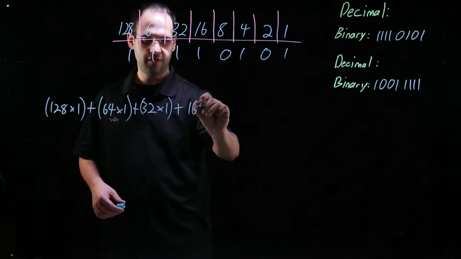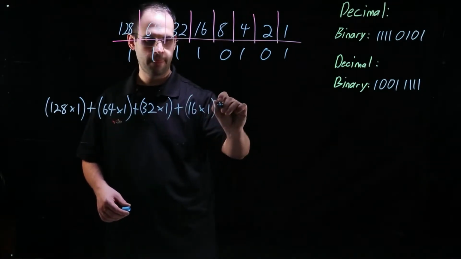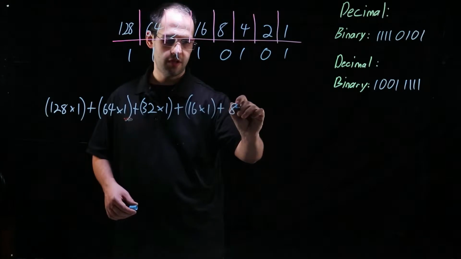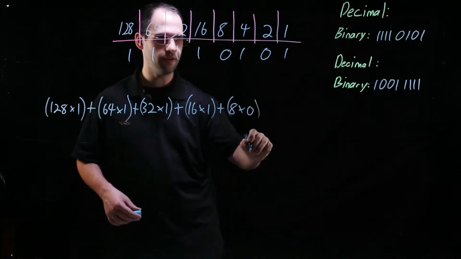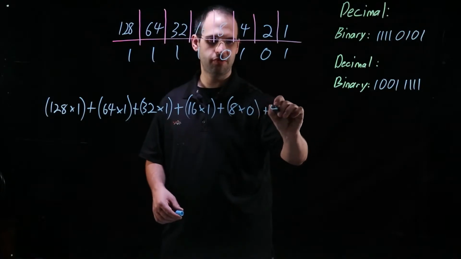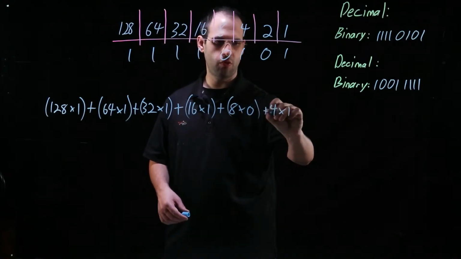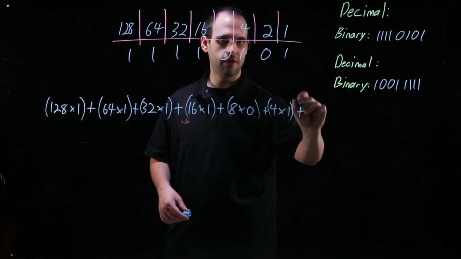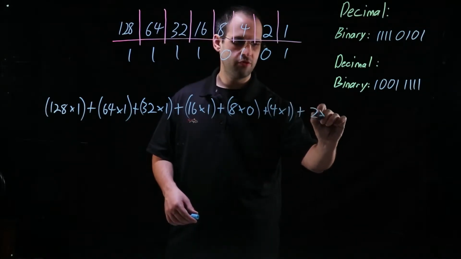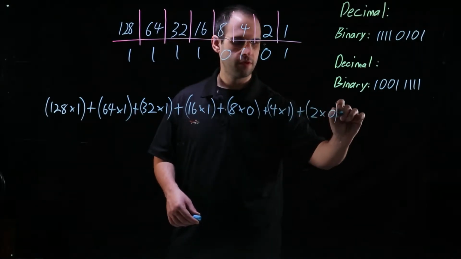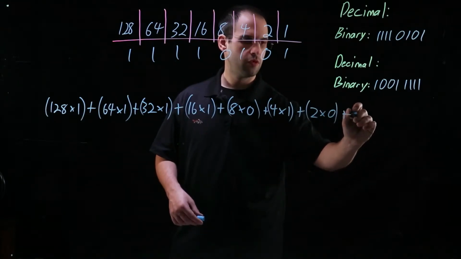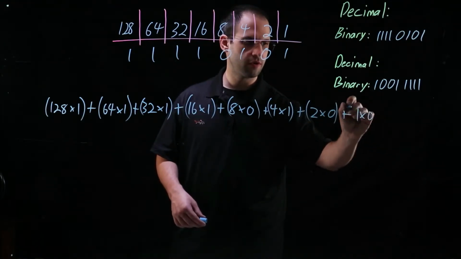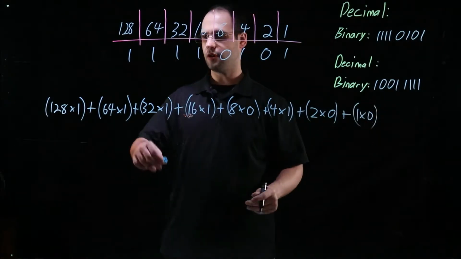Plus 16 times 1, plus 8 times 0, plus 4 times 1, plus 2 times 0, plus 1 times 0, right?